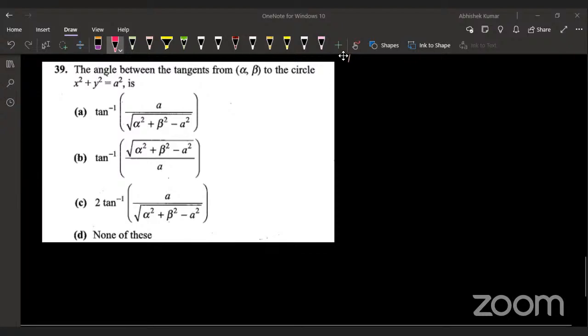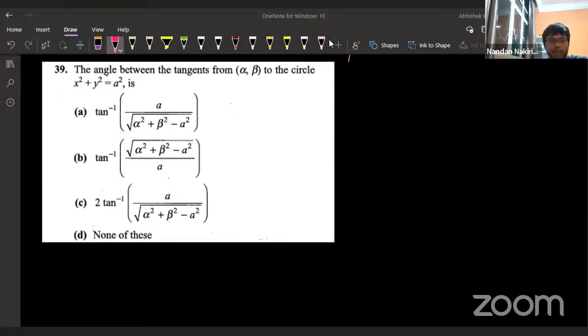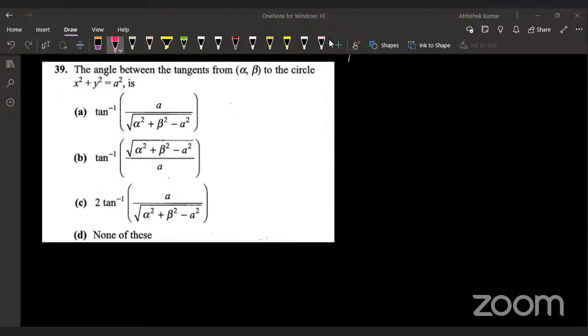Anyone got it? The angle between the tangents from this point to this circle. That's in my option. Nandan, okay. Let me try. Let me see whether it's correct or not.